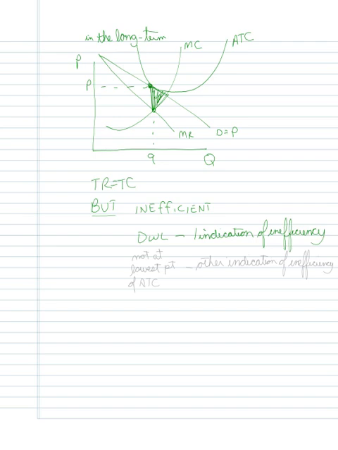Second, I'm not at the lowest point on the ATC curve. So that's my other indication of inefficiency. And that is the monopolistically competitive firm.